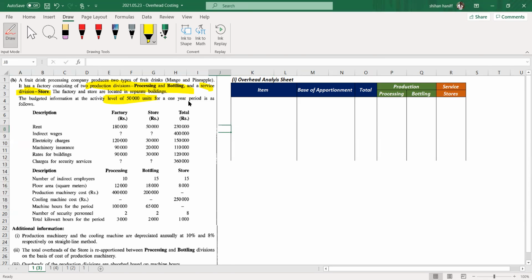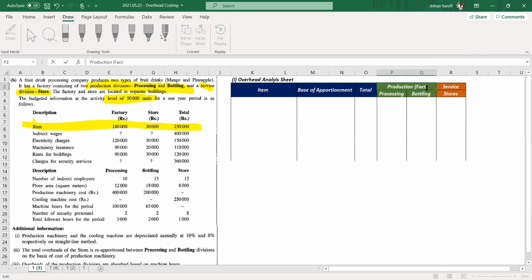So first we have the rent. Rent is total 230,000. Remember, production means the factory, and this is the stores. Now, if you take the rent, stores rent is 50,000. That is directly given.